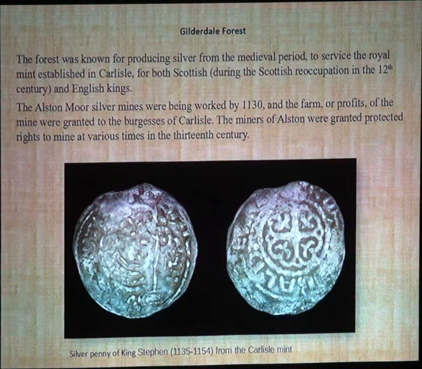So the forest was incredibly important for producing silver to supply to the mint in Carlisle. And you've got to remember how important Carlisle was as a centre at this time, as a kind of fortress controlling what was going on with the Scottish border. Sometimes in the 12th century, it came under Scotland as well, when it was reoccupied by the Scots for a time.